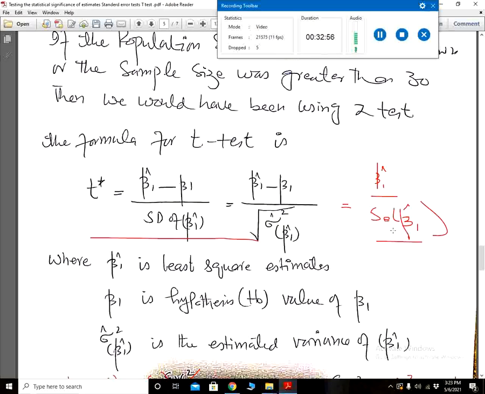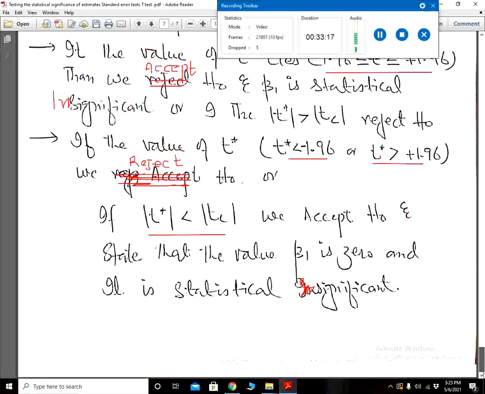Again, if the standard error of beta 1 cap is less than half of the estimated parameter beta 1 cap, we will reject H naught. If the standard error of beta 1 cap is greater than half of the coefficient beta 1 cap, we will accept H naught. So this was the basic statistical significance test.